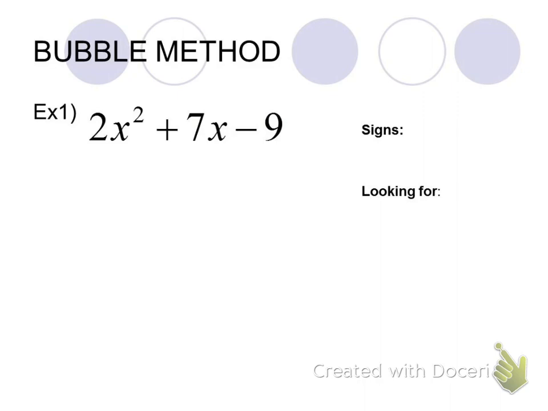How do we decide what signs we need? Which term here should we look at first to decide what signs? Ryan? The negative 9.